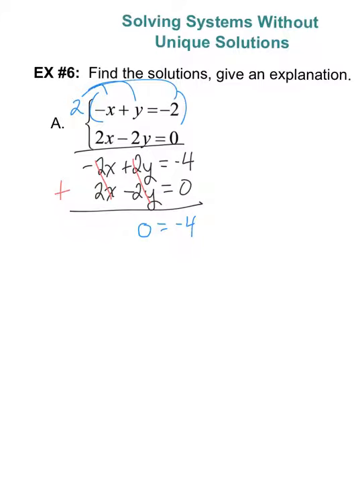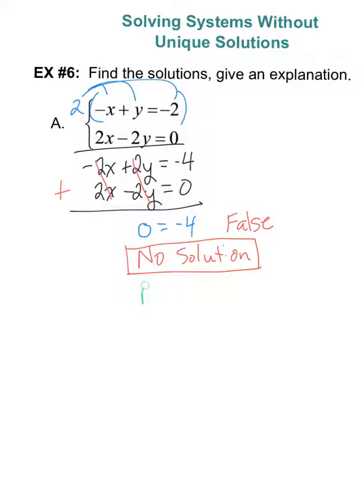Is it a true statement or is it a false statement? Since this is a false statement, there will be no solution. So not everything has a solution to a system. And so if it's a false statement and there's no solution, that means that you're looking at lines that are parallel.